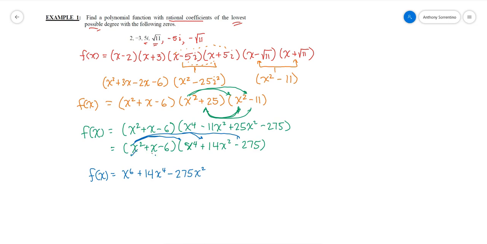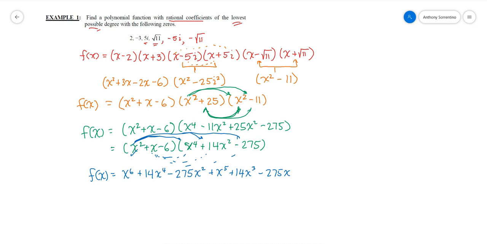The x's: x times x to the 4th is going to give me an x to the 5th. x times 14x squared is going to give me a 14x cubed. The x times a negative 275 is going to give me a minus 275x.